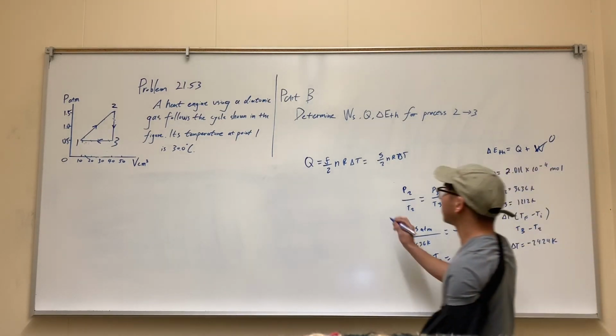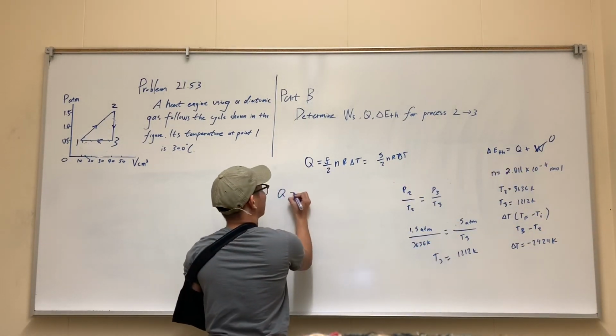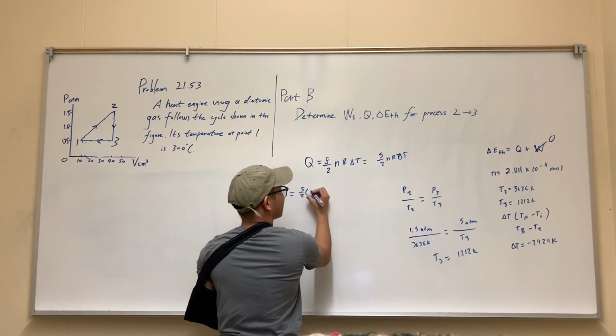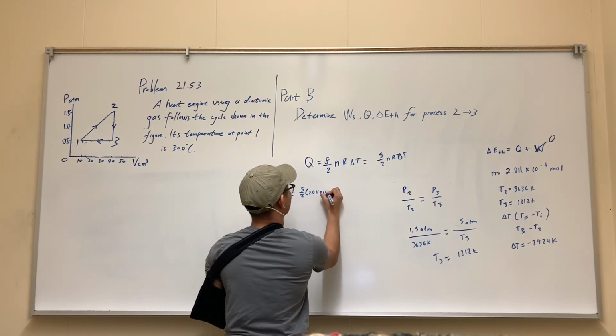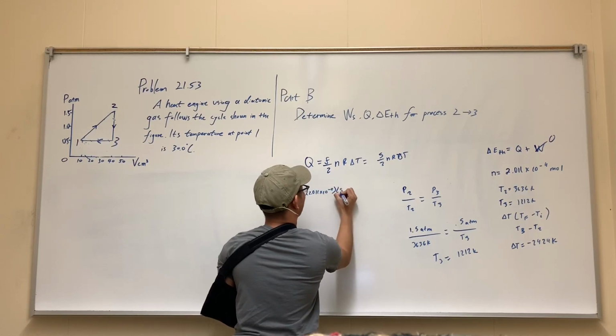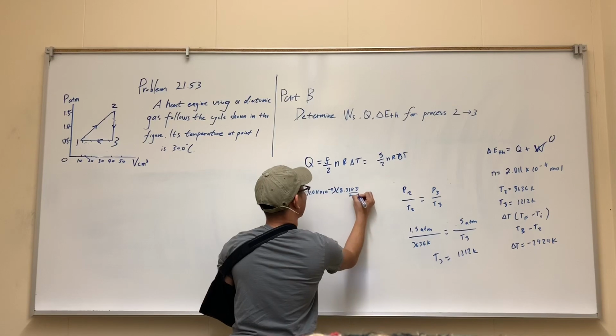Now we can plug it all in here, and we get Q equals 5/2 times 2.011 times 10 to the negative 4 times 8.314 joules per mole Kelvin.